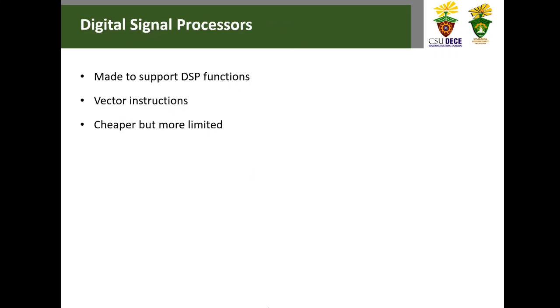And also we have this digital signal processor. It is made to support digital signal processing functions, so like audio, video, like that. And for a digital signal processor, it uses vector instruction. So in that vector instruction, you can have the parallel implementations of function.